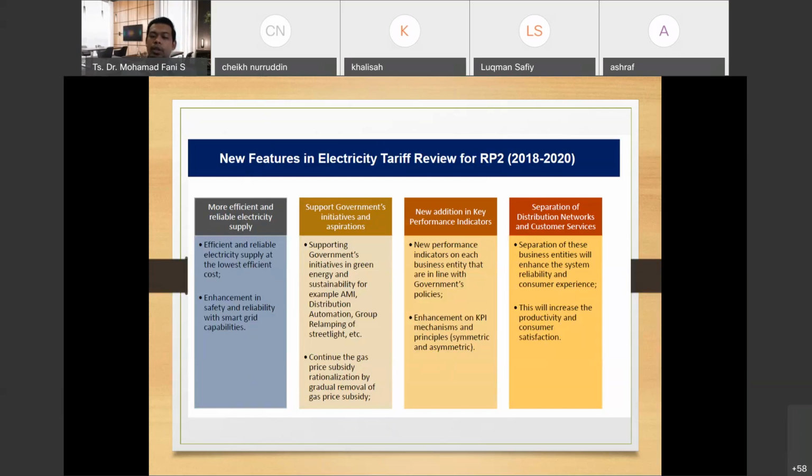Okay, additional key performance indicators, KPIs, have been put to the utility, for example, to support energy efficiency and to support renewable energy, so TMB. Okay, so we can see the commitments of the TMB on the EE. That's one of the KPIs.